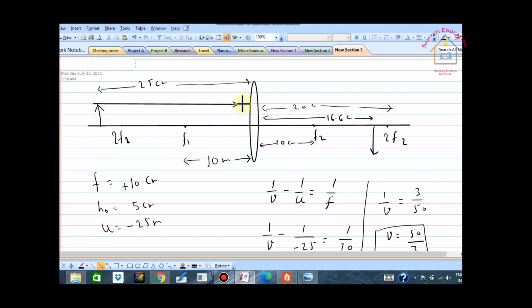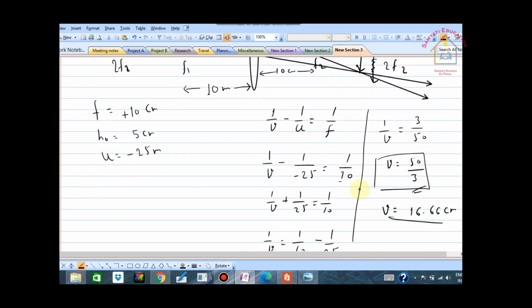If light goes parallel to this, it will refract through focus, and if a ray of light goes through the optical center, it will go like this. We can form the image here, exactly here, not here. This is a complete solution for question number 10.